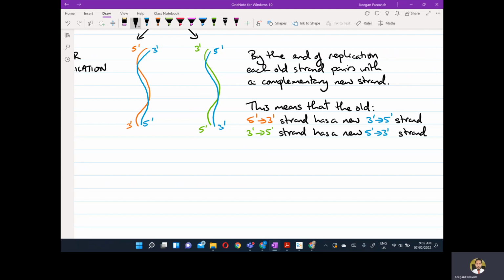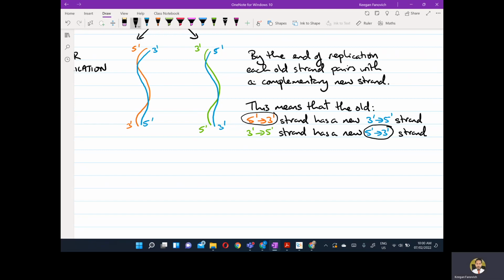So in terms of the messages, like the codes that they have, the old 5 prime to 3 prime strand is the exact same code as the new one.